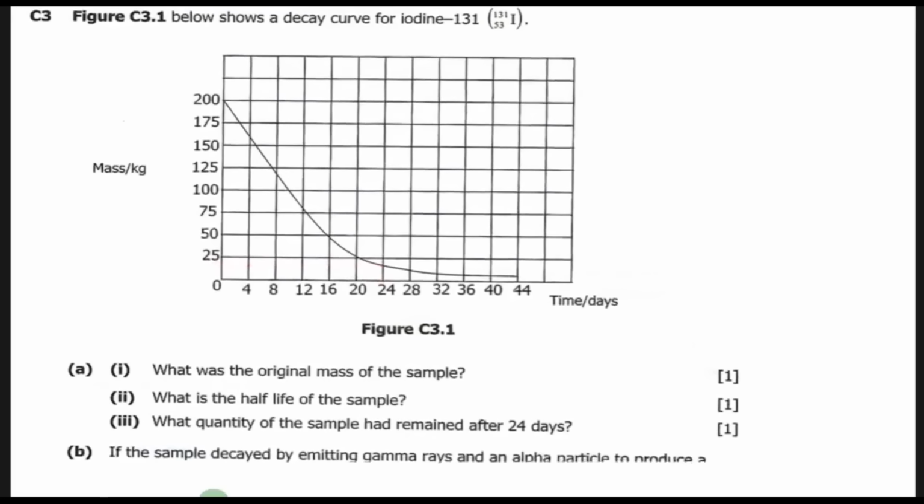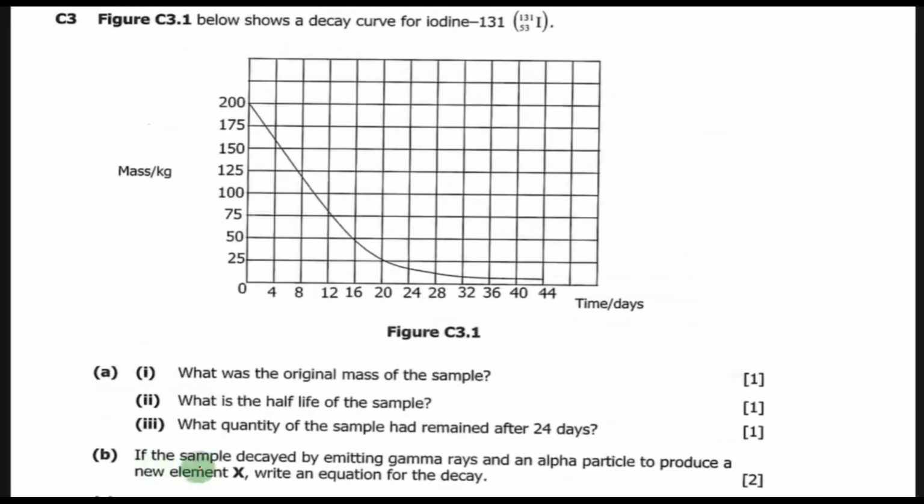Then the other question says, if the sample decayed by emitting gamma rays and an alpha particle to produce a new element X, write an equation for the decay. So an equation for the decay happens like this. So this iodine, when it emits gamma rays, there's nothing that changes to it.